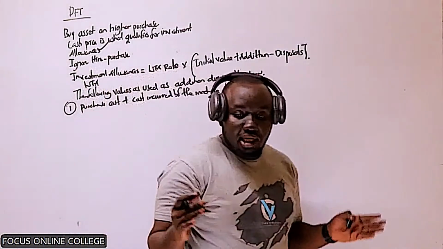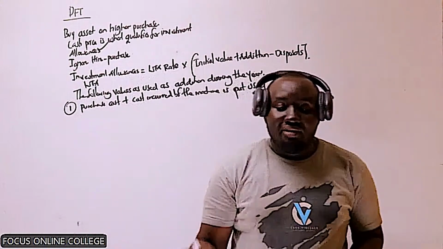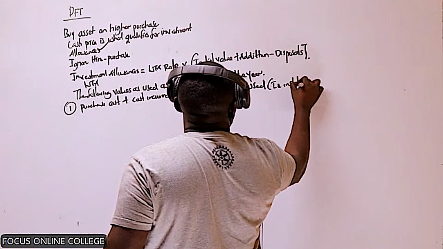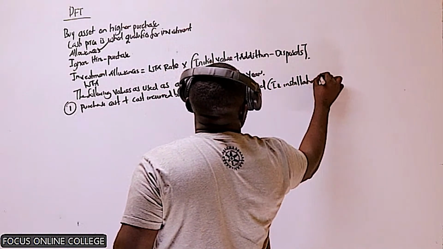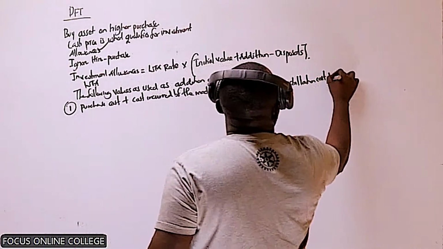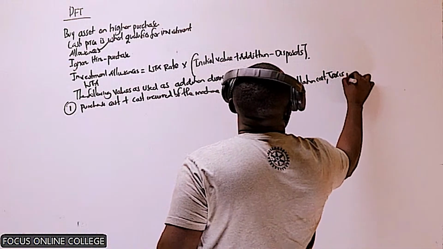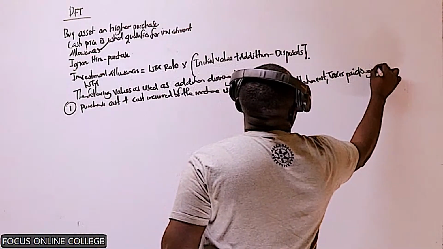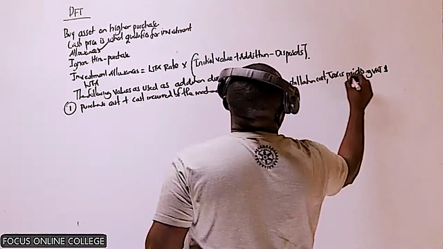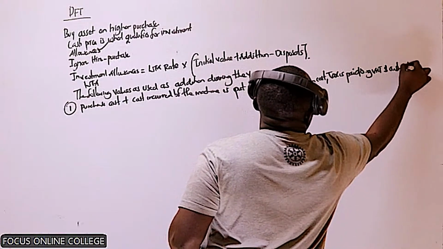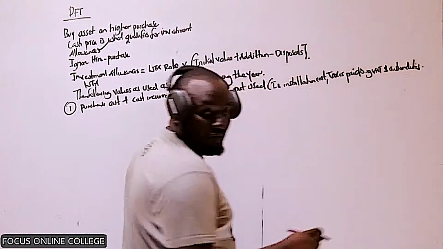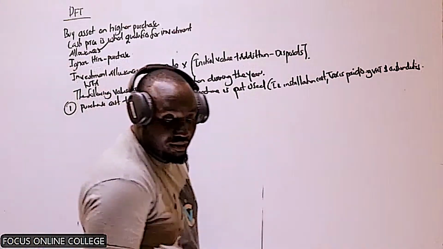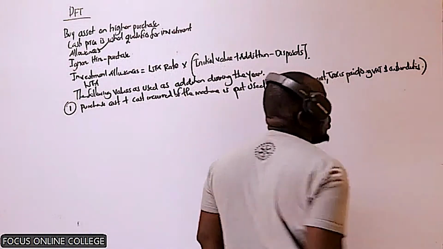The costs incurred before the machine is put to use include installation cost, the taxes paid, e.g., VAT and the custom duties, etc. We also have the transportation cost and etc.